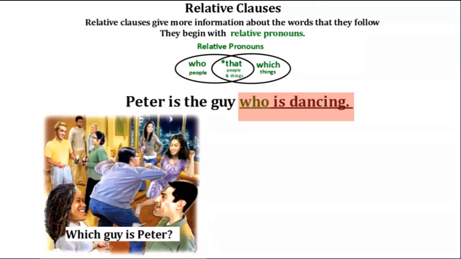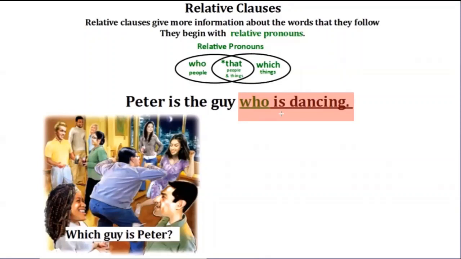Because this is essential information so that I can know who the guy is, right? Essential information. So in other words, I can say that this sentence right here, Peter is the guy, is incomplete, right? Because I am like, all right, which guy? What guy? So I can know which guy or what guy you are talking about.